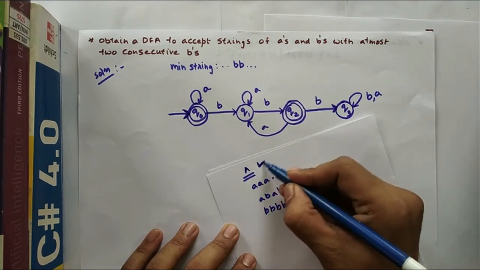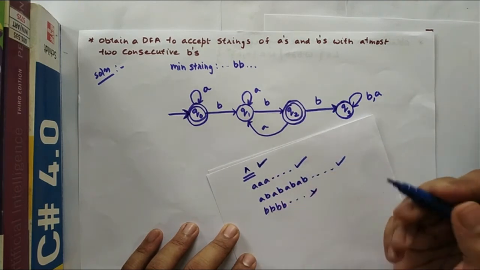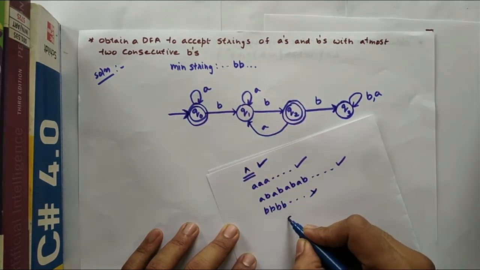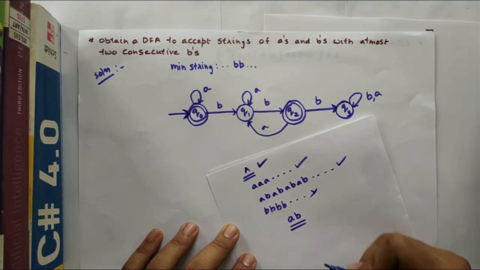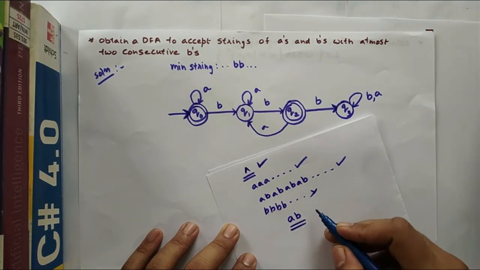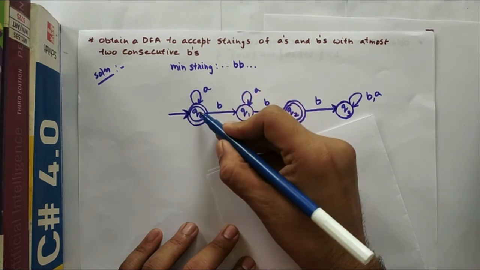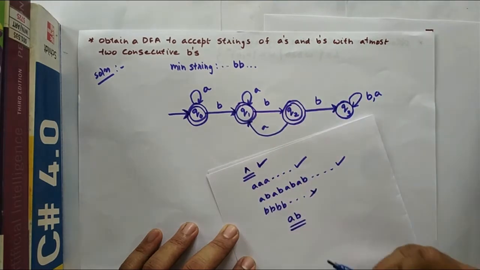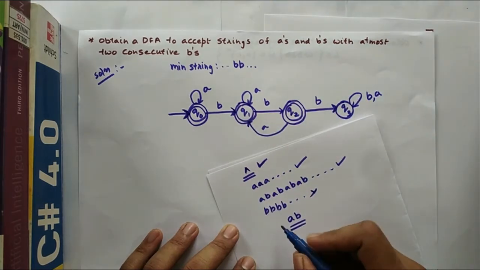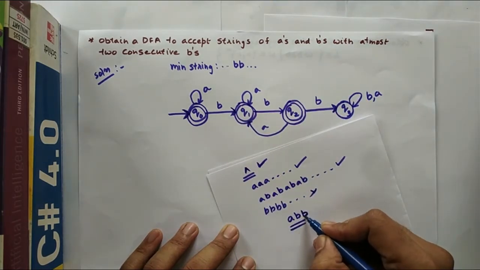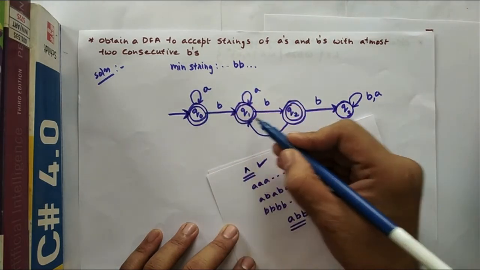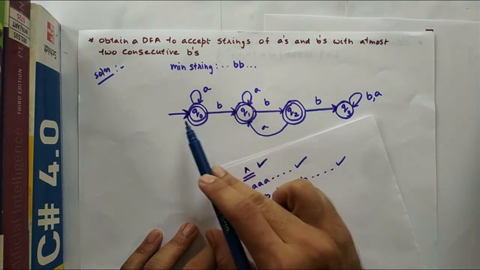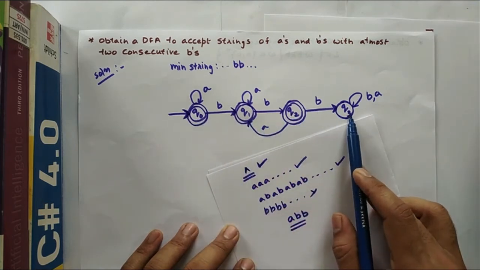Okay, so the null string is accepted by this, only A's is accepted by this, a single A is also accepted by this. And then a string like AB should be accepted. AB should be accepted, yes. So A, B, this is accepted, so this should be a final state. Right? Now, what about the string A, B, B? It should be accepted. So please note that all other states will be final states except this state.